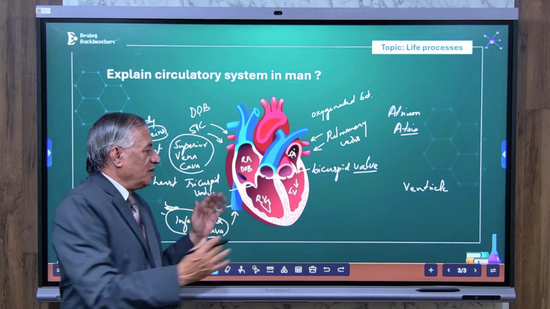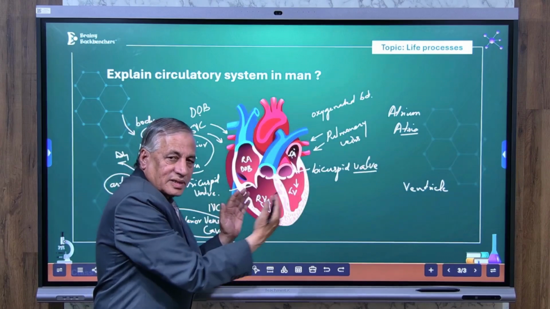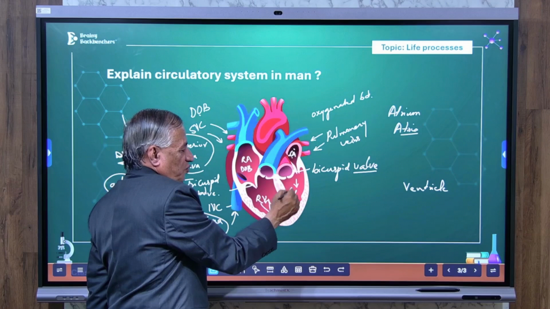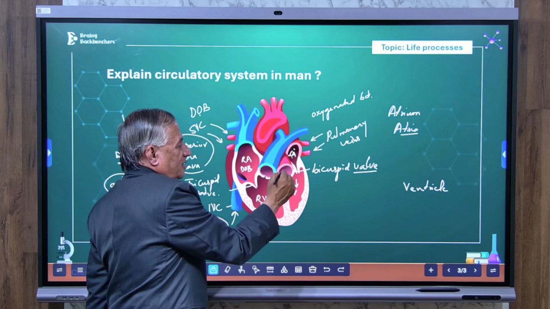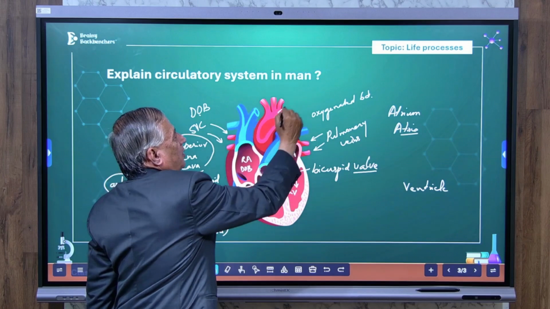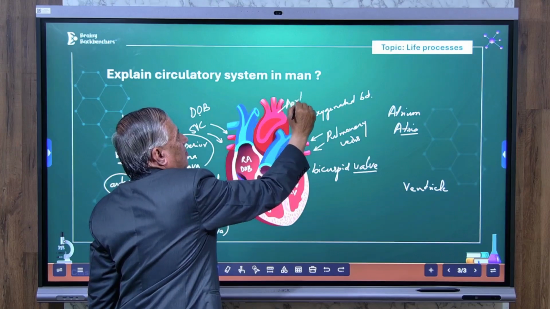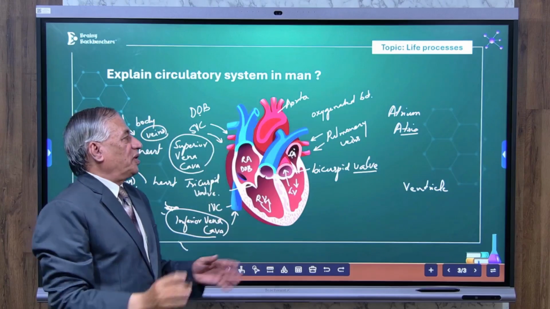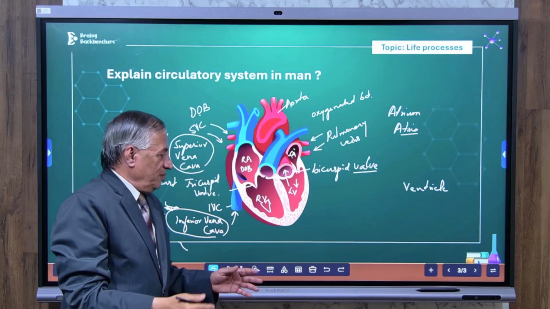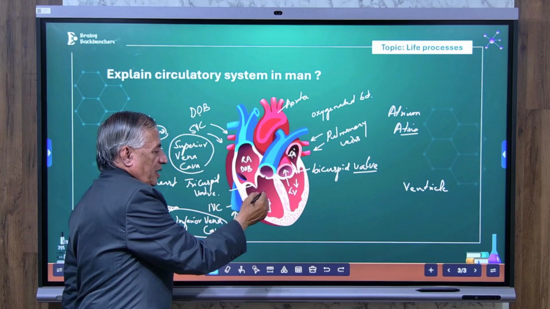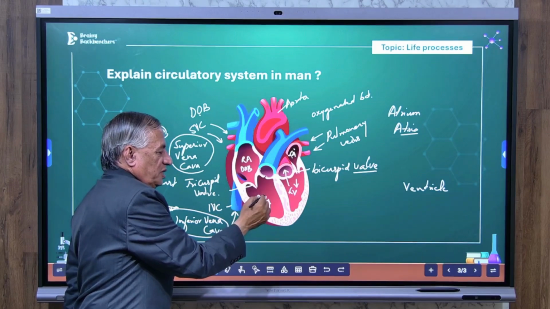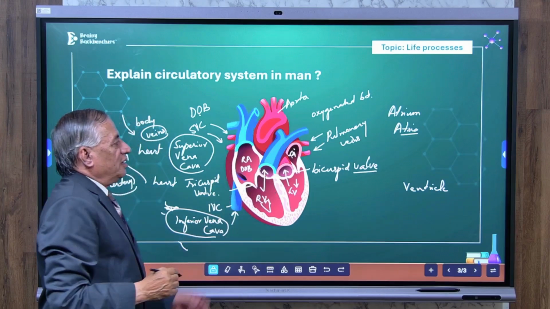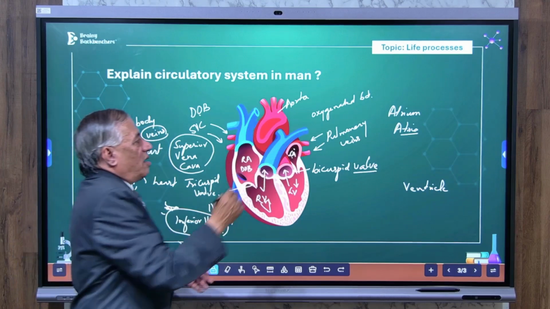Now, what happens when ventricles contract? Pure blood from the left ventricle enters into the aorta and goes to all parts of the body. At the same time, impure blood or deoxygenated blood from the right ventricle enters into the pulmonary artery.